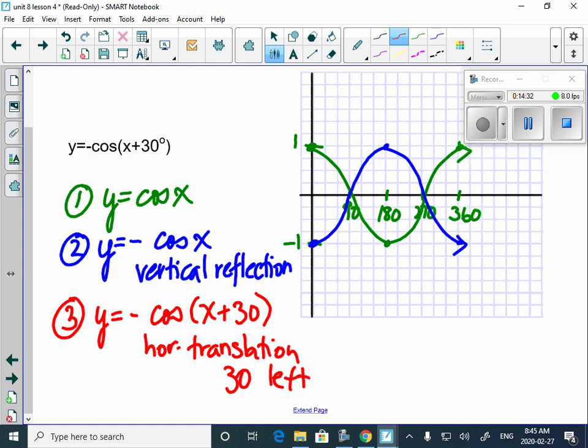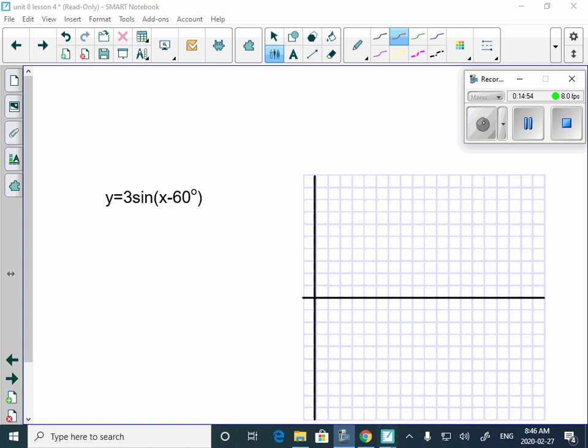All right. So 30 is 1 square. So I'm going to take my main points and move them 1 square to the left and join with a smooth curve if possible. And I have my final function. Last one.